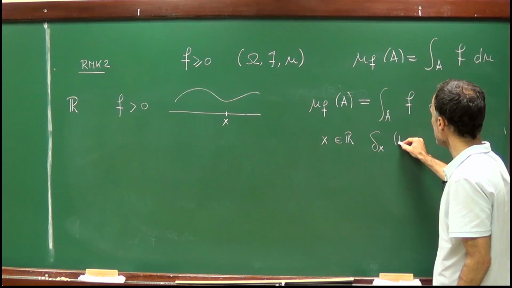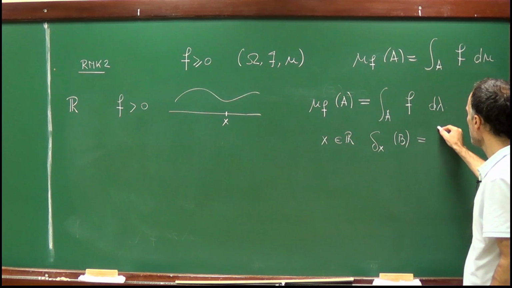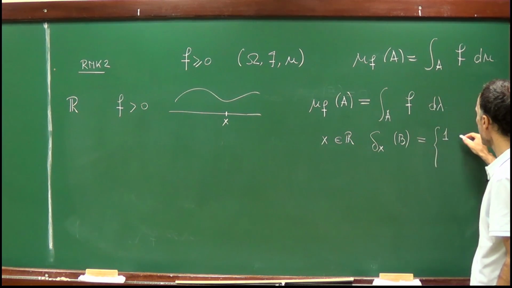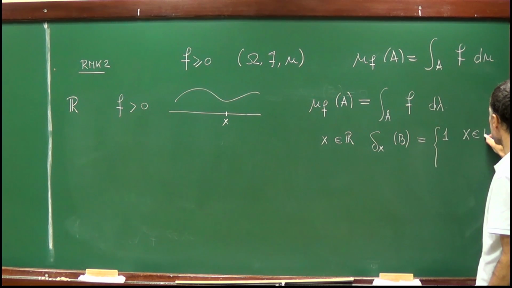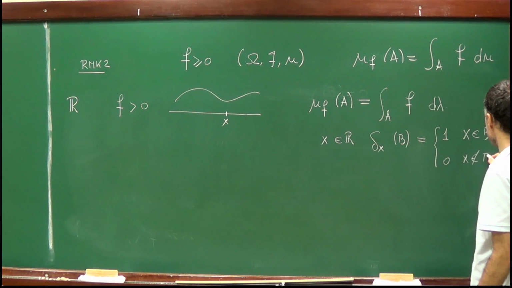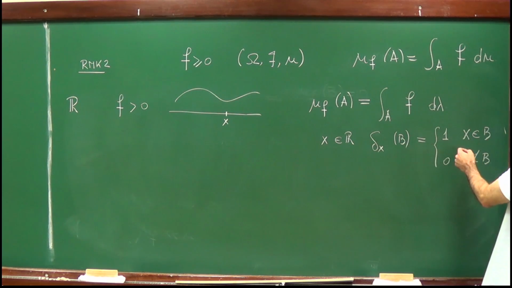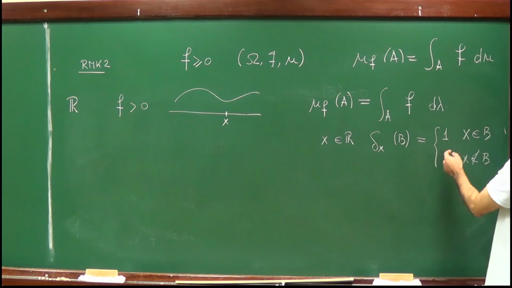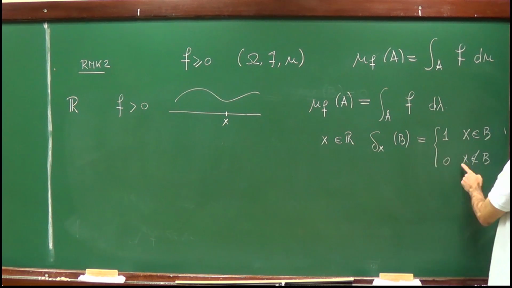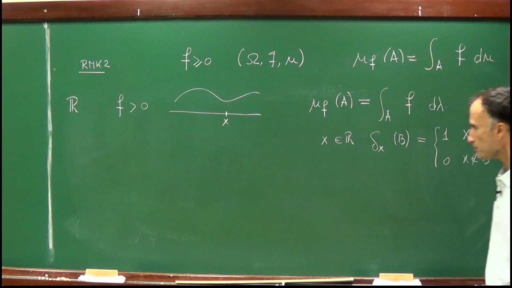So if you take a set B, the measure of B with respect to delta x will be either 1 or 0. 1 if x belongs to the set B, and 0 if x does not belong to B. So this measure is concentrated on one point, the point x. If the set contains this point, it has measure equal to 1. If it doesn't contain it, its measure is equal to 0.